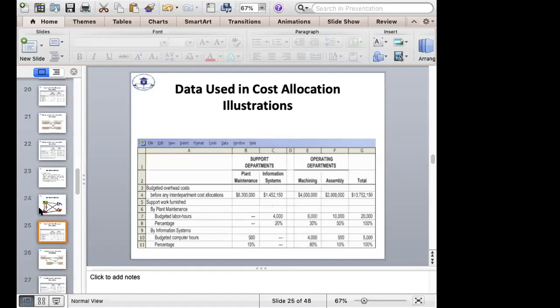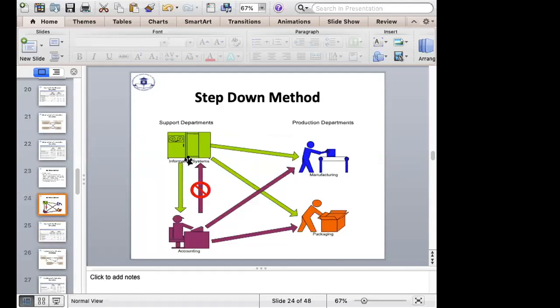You can see that this department is providing service to this department. So what does it mean? The cost of this department will increase. So after increasing the cost, whatever total cost you have, that total cost you allocate here and here.